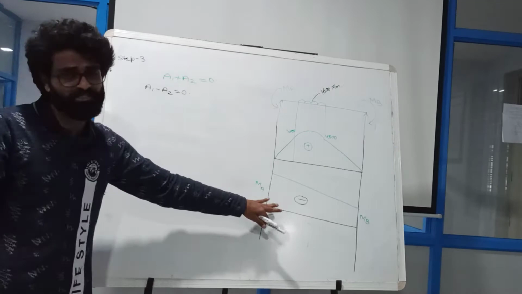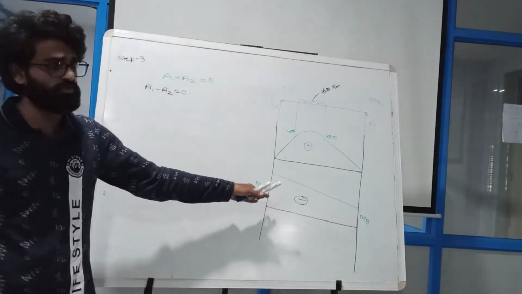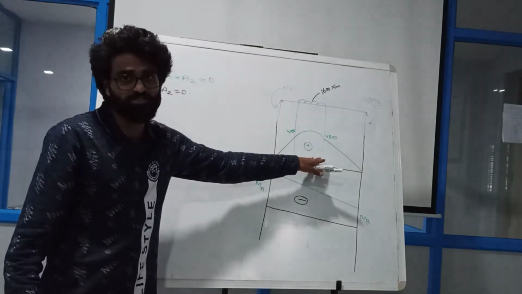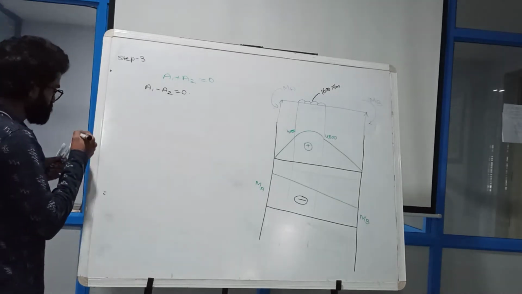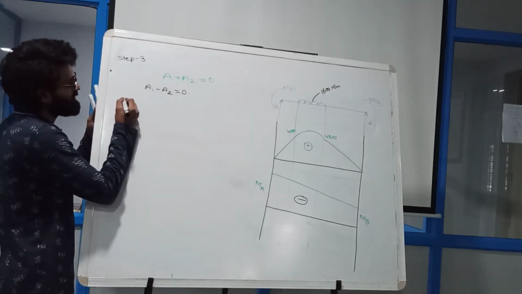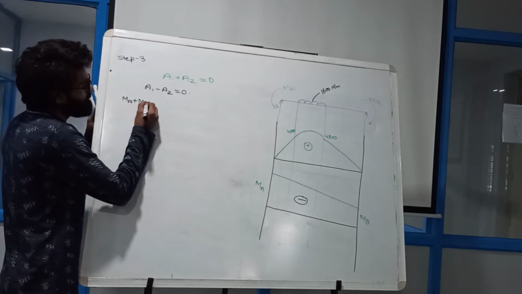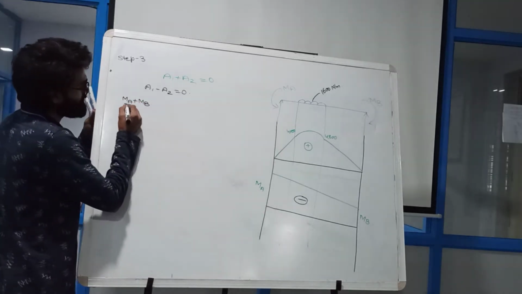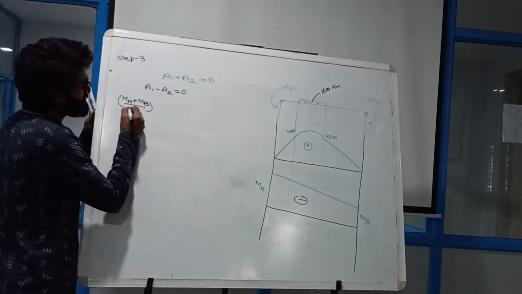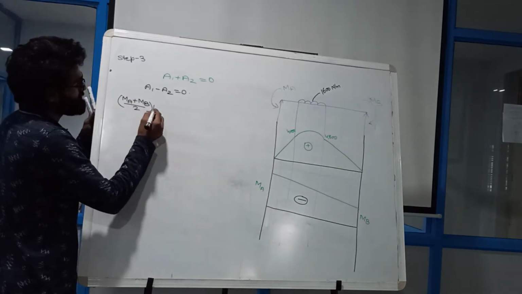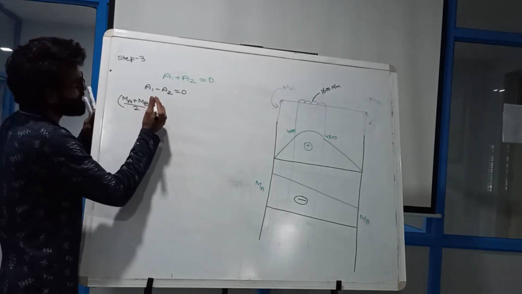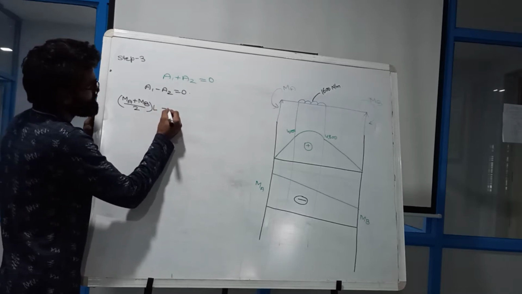A2 calculation is very easy because it is a trapezoid, we know the trapezoid, but A1 calculation is a little bit difficult. So let us solve this out. So A1 I will get here (MA plus MB), last time already we did, divided by 2 into L, if I am going to take it in another direction, is equal to A1.